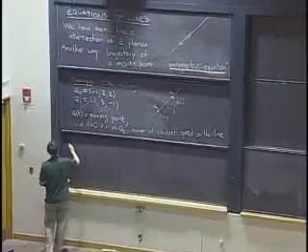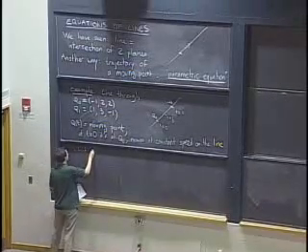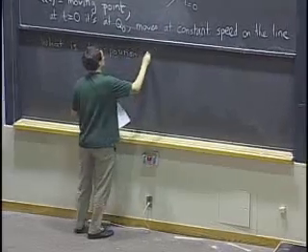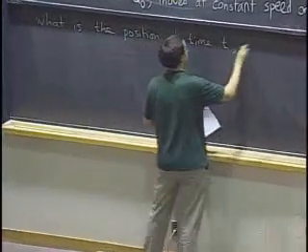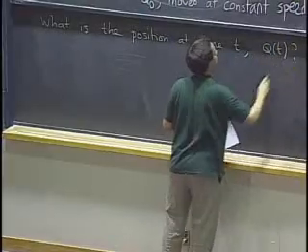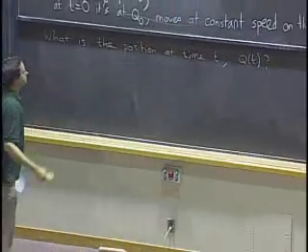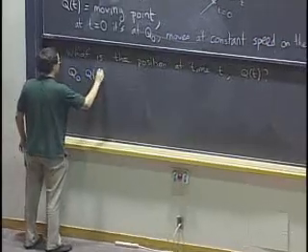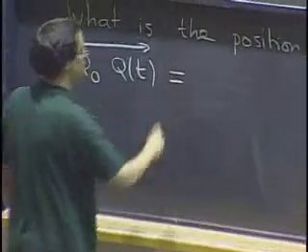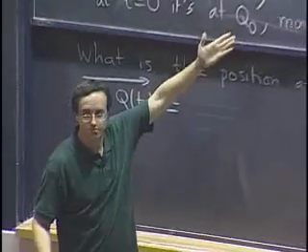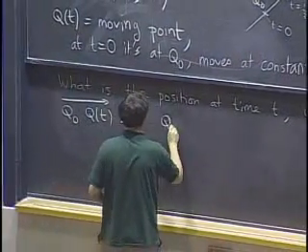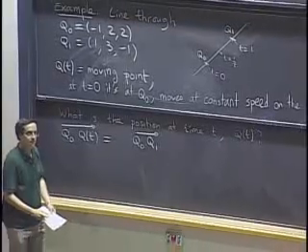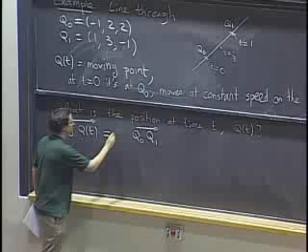So the question we want to answer is, what is the position at a time t, so the point q of t? Well, to answer that, we have an easy observation, which is that the vector from q0 to q of t is proportional to the vector from q0 to q1. And what's the proportionality factor here? Yeah, it's exactly t.